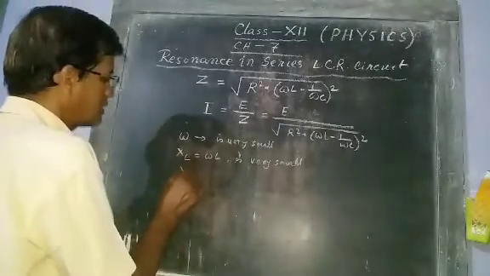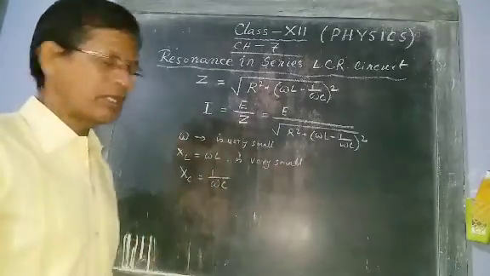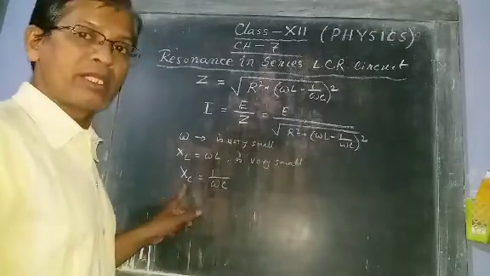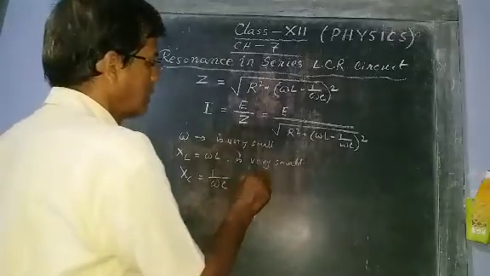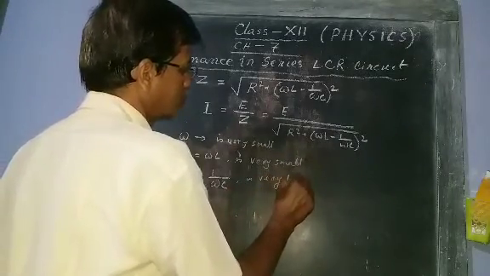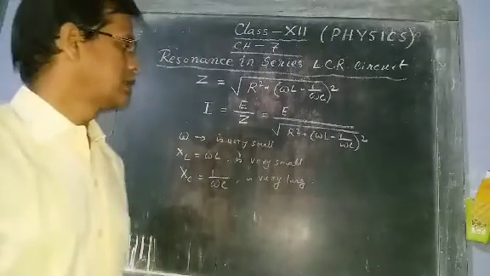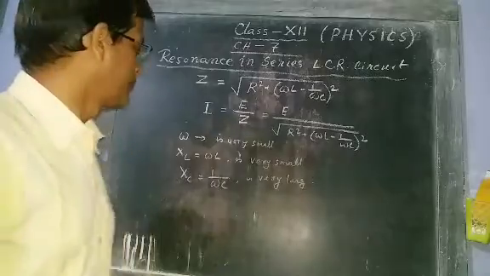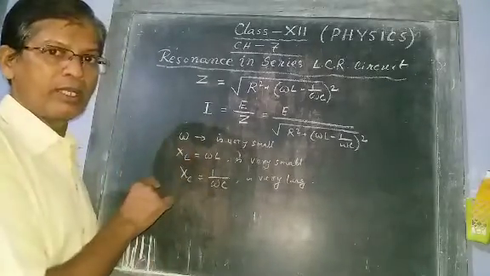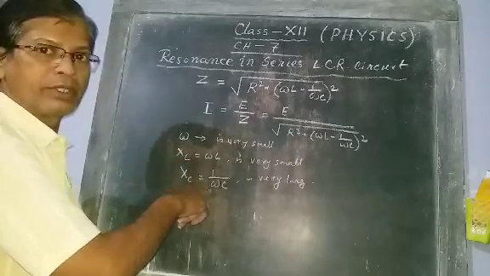But what is XC? 1 by omega C. Since omega is very small, XC will be very large. Now you see, if we increase omega, then XL will increase and XC will decrease.